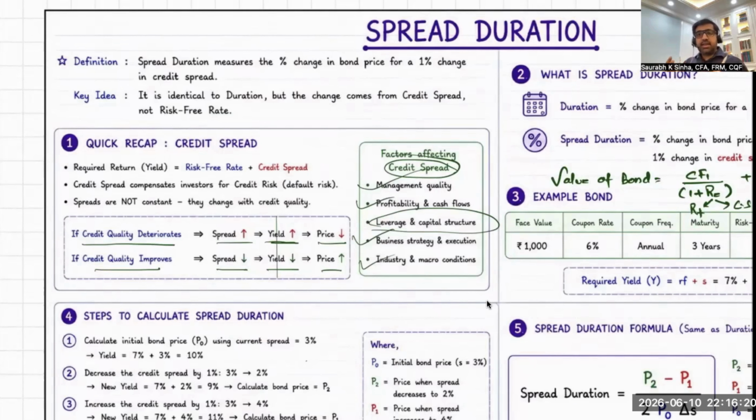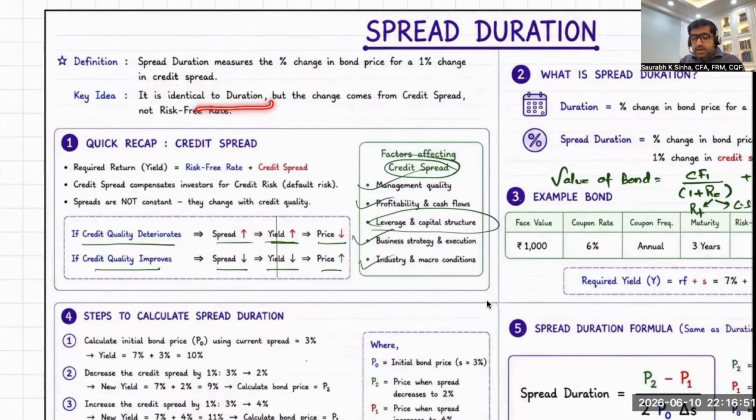So can I say if the duration was on an average percentage change in the bond price due to 1% change in the interest rate, there should be a measure of sensitivity for spread, which we can call spread duration, which is on an average percentage change in the bond price due to 1% change in credit spread only.